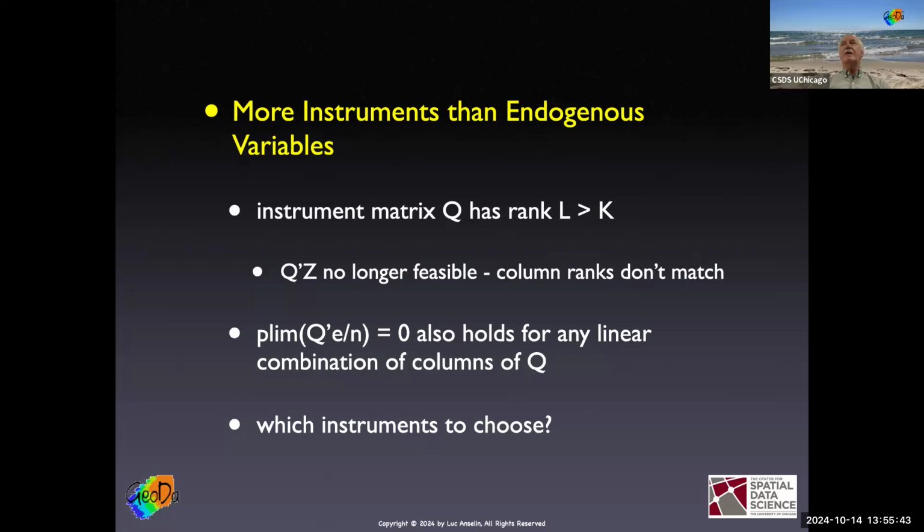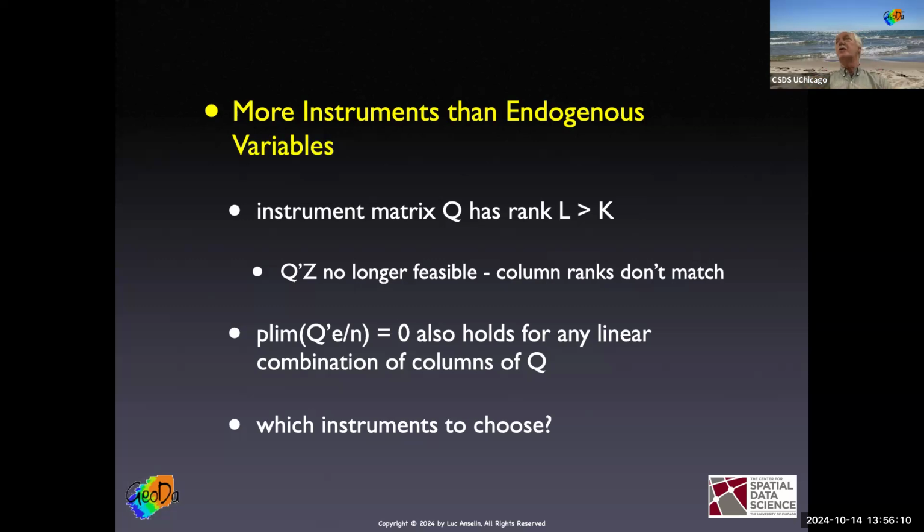And here is where the 2 in two-stage least squares comes from. We pick the one that is closest to the endogenous variable. Let me rephrase this. We pick the linear combination of the instruments that is the closest, in a least squares sense, to the original endogenous variable.